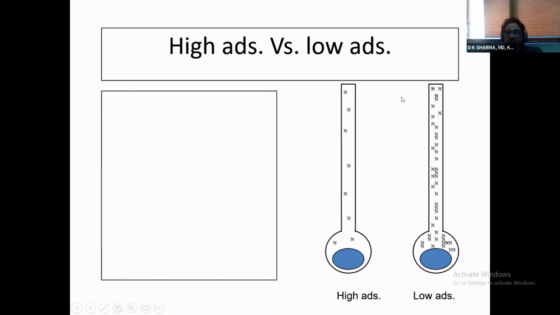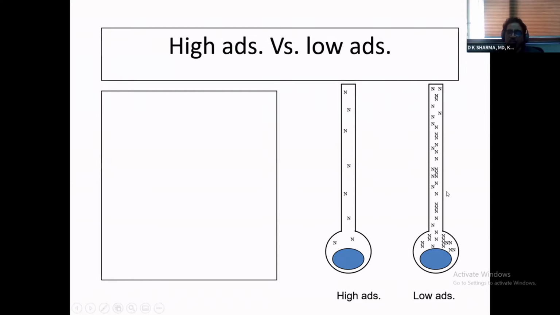Basically, the amount of gas sent in and the amount of gas remaining above the sample, which means the amount of gas which has not been adsorbed. So the total gas sent in minus the amount which remains above the sample in unadsorbed form is your value of adsorbed volume.